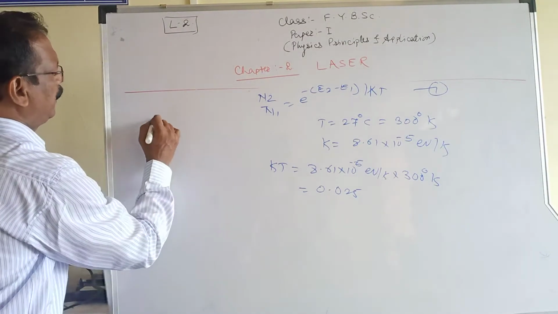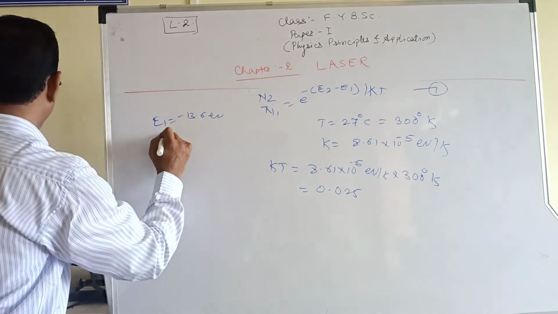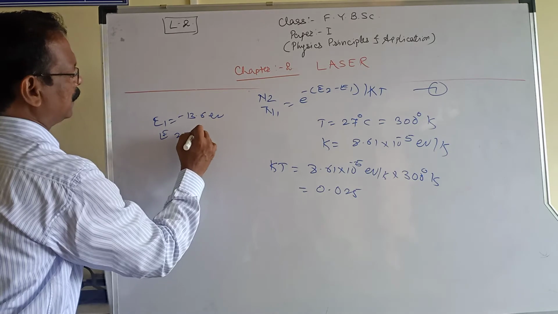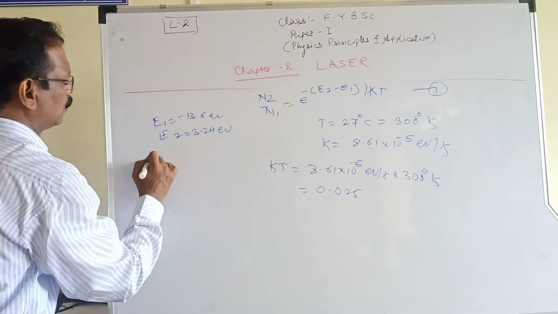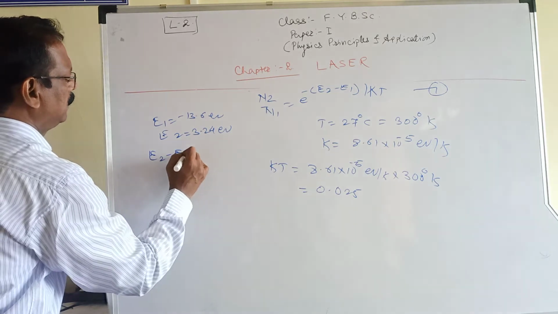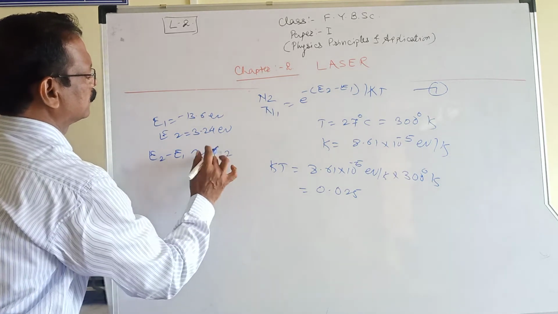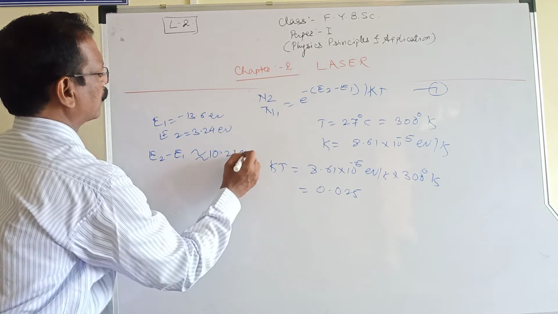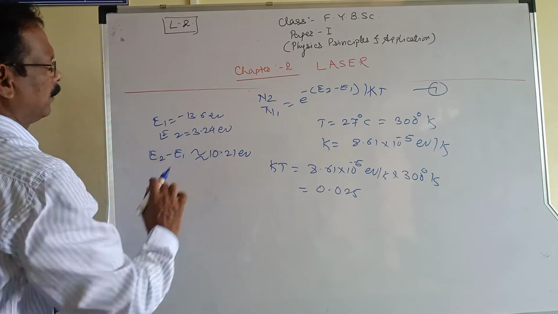What is E1? E1 is equal to minus 13.6 electron volt, and E2 is near about minus 3.4 electron volt. So we know that E2 minus E1 is nearly equal to plus 10.21 electron volt.